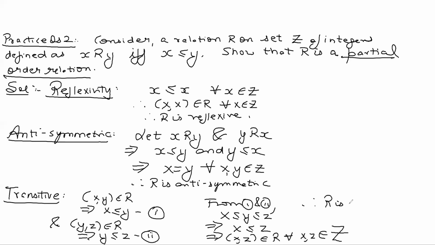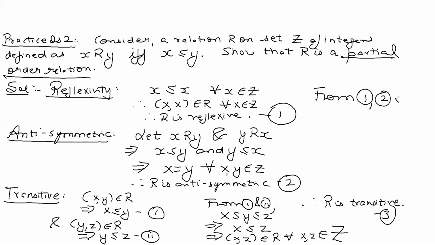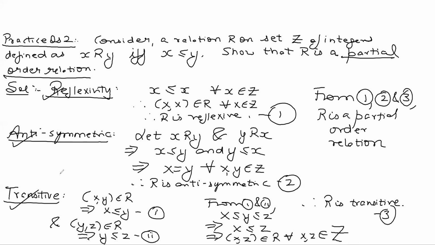Therefore, R is transitive. And from 1, 2, and 3, R is a partial order relation since it is reflexive, anti-symmetric, and transitive.